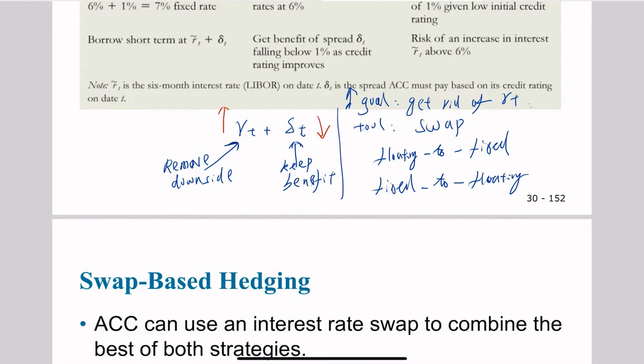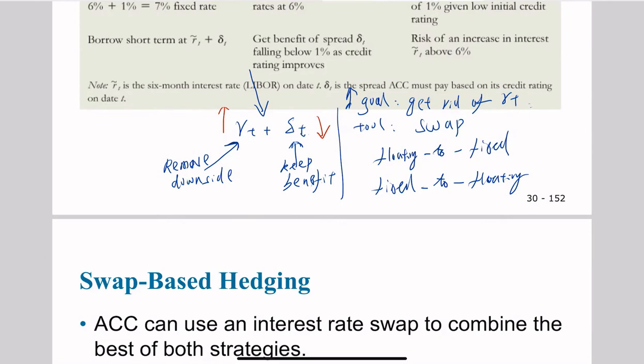And in the 6-month loan, the firm is paying the market interest rate. And the firm's goal is to get rid of paying this market interest rate, which means the firm wants to pay a fixed rate, right?